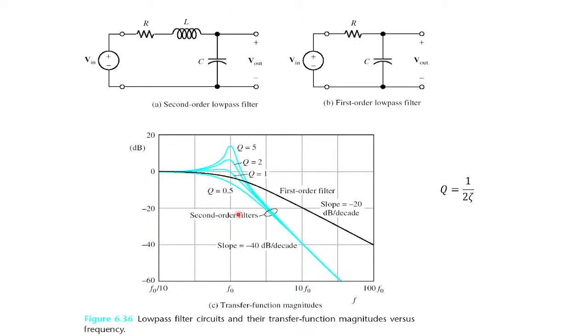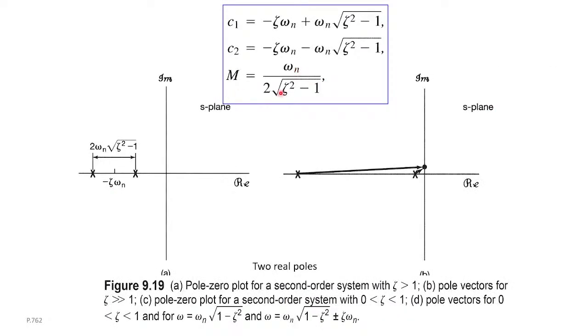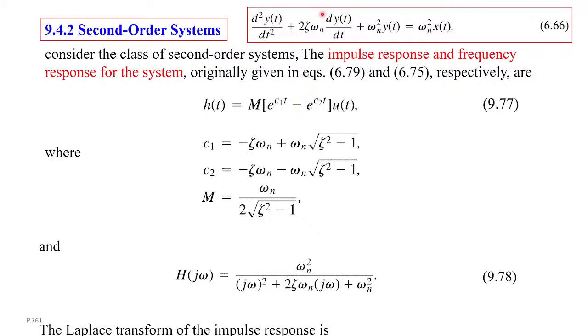And you can also see that as a property of the system, because if you don't have this term, then you have d²y/dt² plus omega_n² y equal to something. And if you don't have this thing here, you can see that sine omega_n t and cosine omega_n t are just solutions of these two terms.